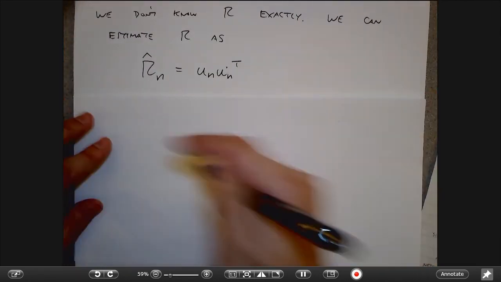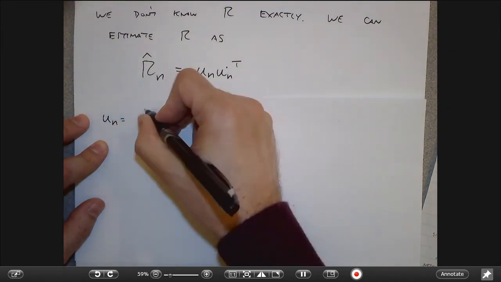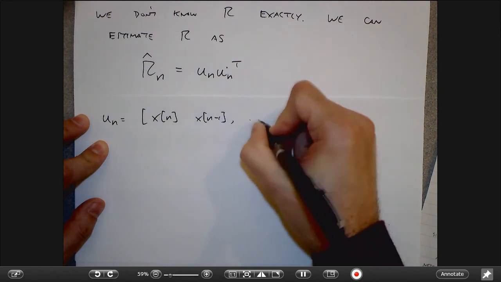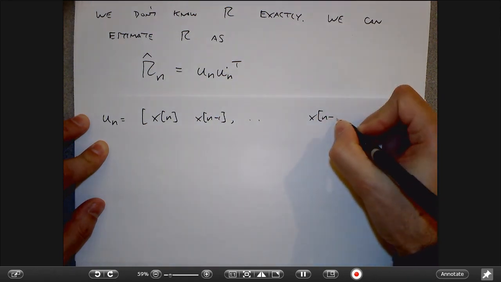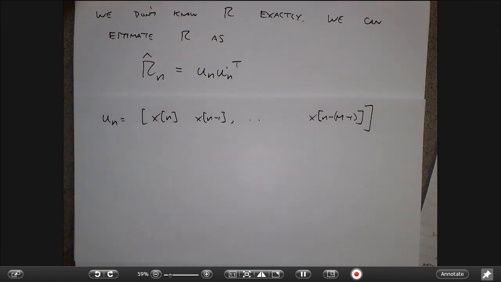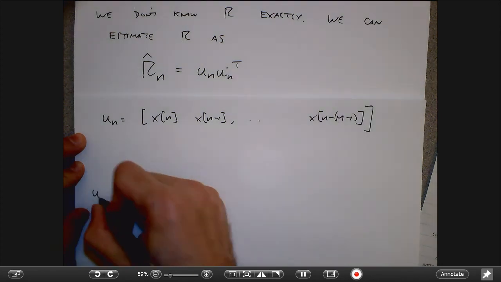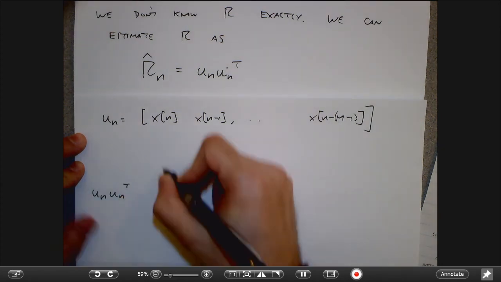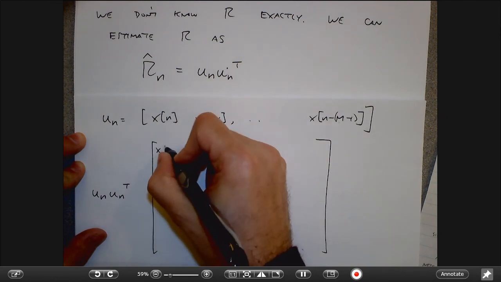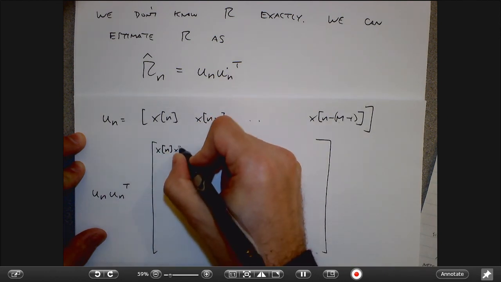So remember what I defined this u n as, right? The u n was defined as x n minus 1 all the way down to x n minus m minus 1, just the vector of the most recent m values of the signal. So what does u n transpose look like? Well, over here I'm going to get x of n times x of n.